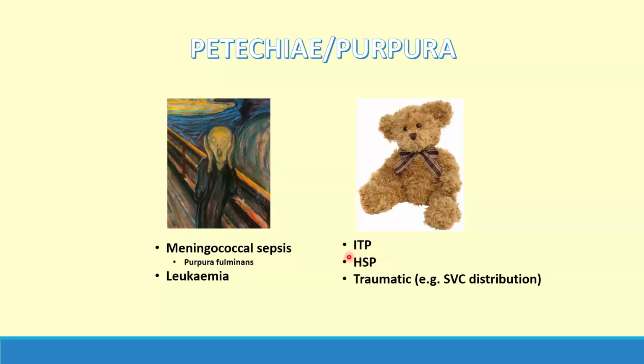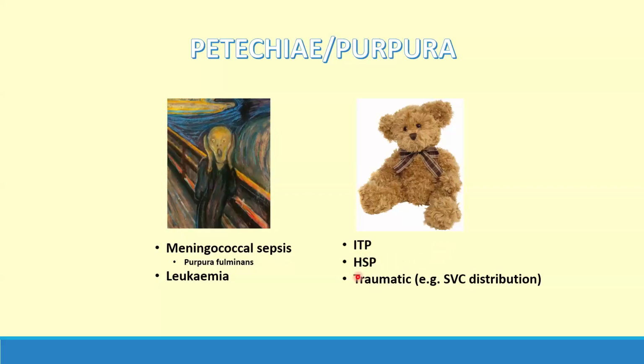HSP is Henoch-Schönlein purpura, so it's now renamed as IgA vasculitis. We see a lot of this. It sort of looks like meningococcal disease, but mostly on the lower limbs and the bum, and is usually an afebrile child who is completely well, 2 or 3 years old, running around the department, with a petechial or purpuric rash that's been spreading for a couple of days.